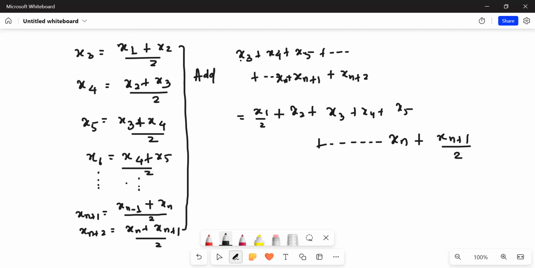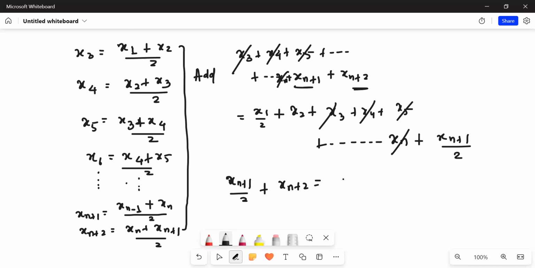Now, if you just think, x3 gets cancelled with x3, x4 gets cancelled with x4, x5 gets cancelled with x5, xn gets cancelled with xn. What are those terms which are remaining? This xn plus 1 upon 2 remains. So I'll write this is xn plus 1 upon 2 plus xn plus 2 equals x1 by 2 plus x2.